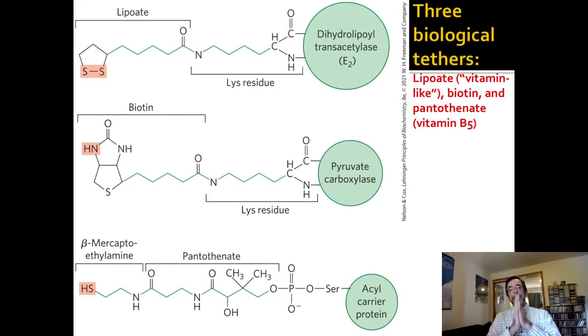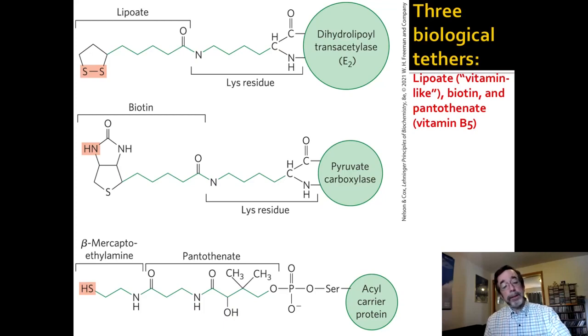Okay, so the thing is, we want to look back and see these three biological tethers. We had lipoate and biotin in this unit. And just notice what the shapes are like. These are always covalently bound. We're later going to have an acyl carrier protein that is a long chain. And again, the details of what the chain looks like, you can look that up. What you care about is what's on the end of the chain. On the end of the chain, you have a disulfide for lipoate.